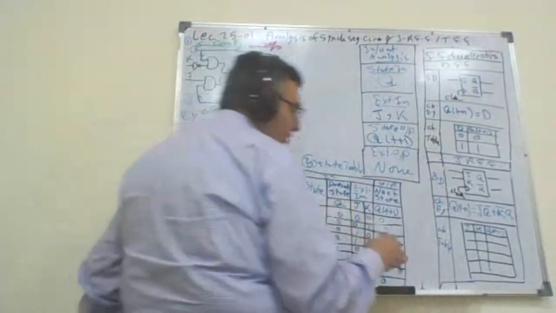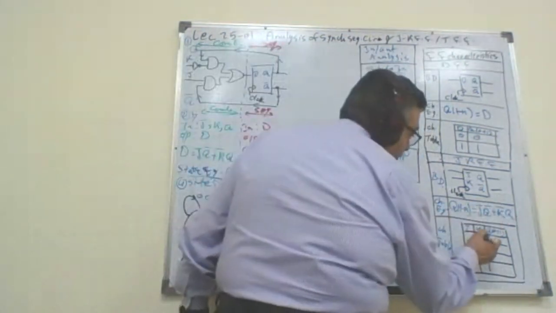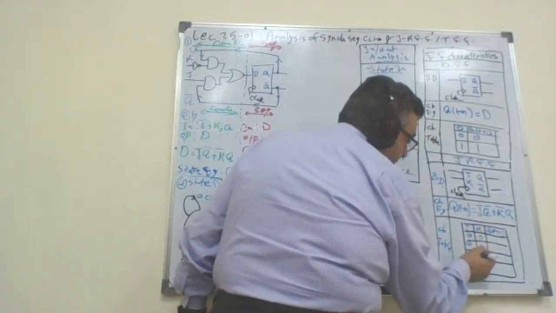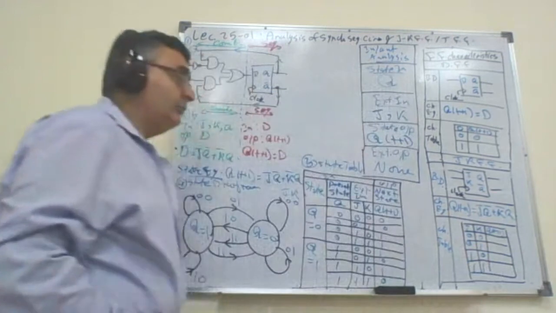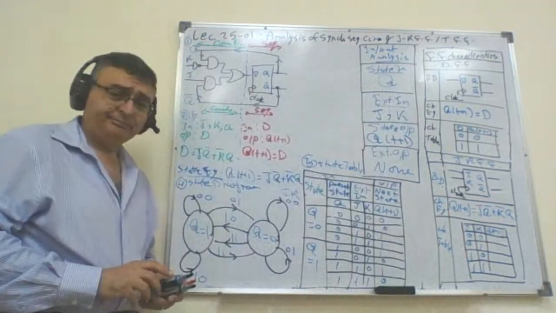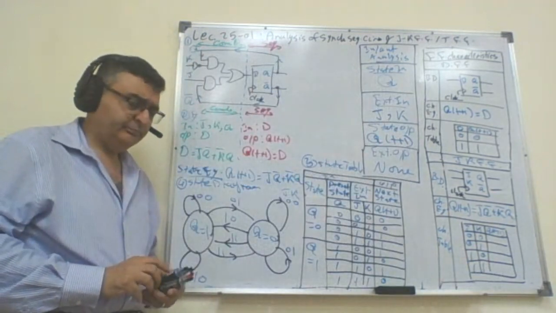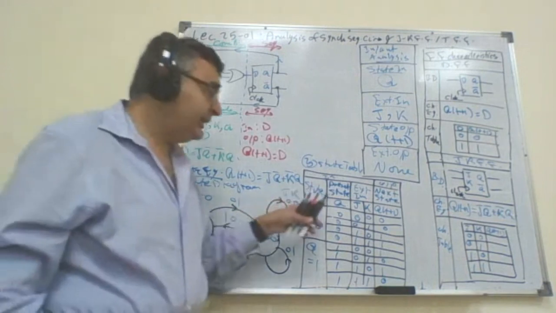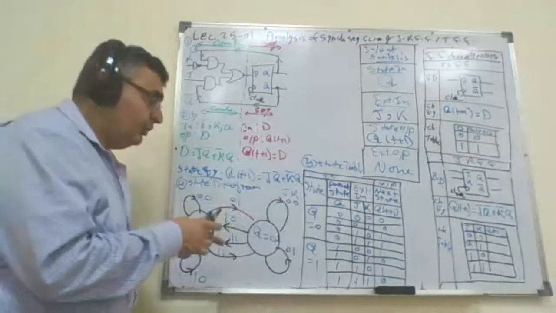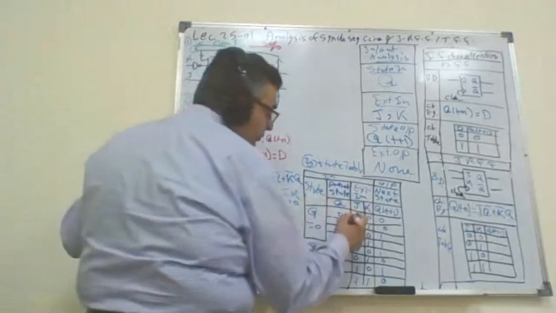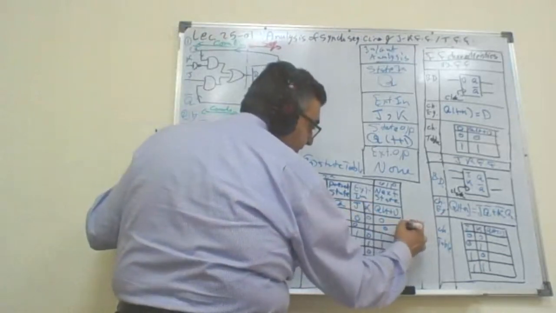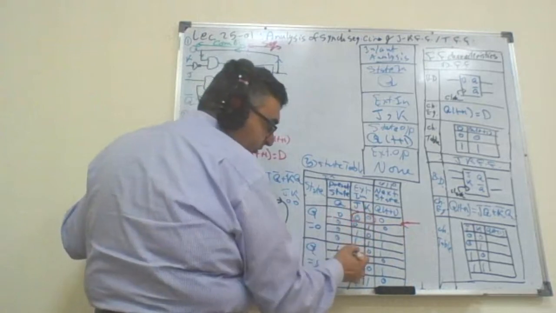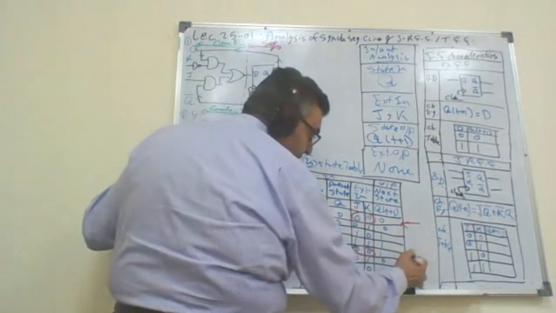I have JK equals 0, 0; 0, 1; 1, 0; 1, 1. For T plus 1, we have the following. Now, if J and K equal 0, 0, where are those two arrows? Where are those two states? I have here JK 0, 0. I have here also JK 0, 0.